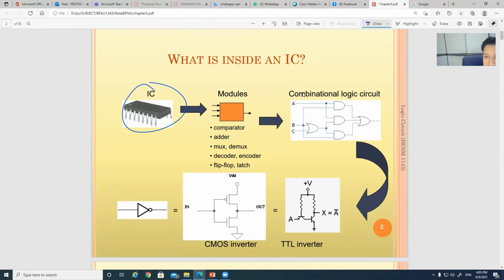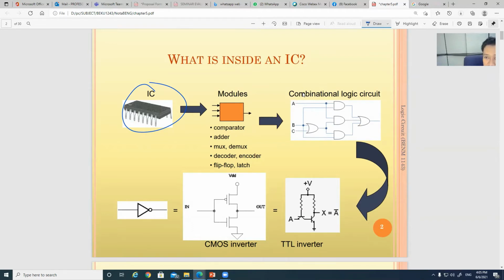Inside this IC we have modules. This is an example of the modules inside the IC. Maybe we have the comparator, the adder, the mux or demux, which means the multiplexer or demultiplexer, the decoder, the encoder, flip-flop, latch, and so on.